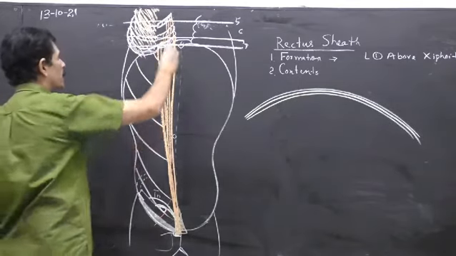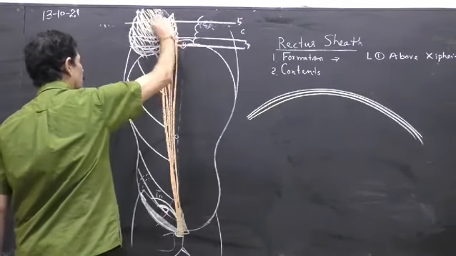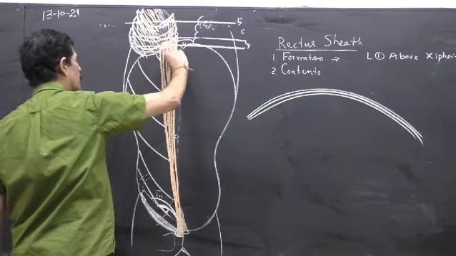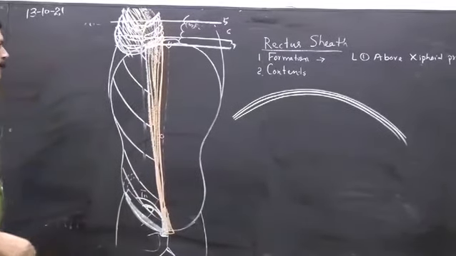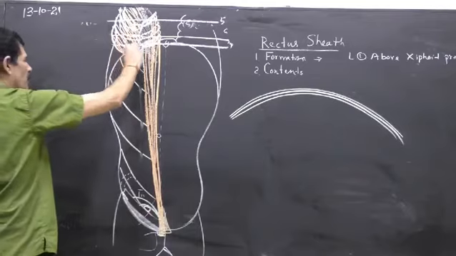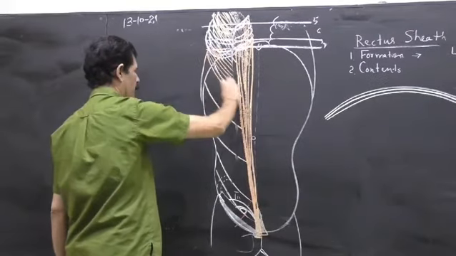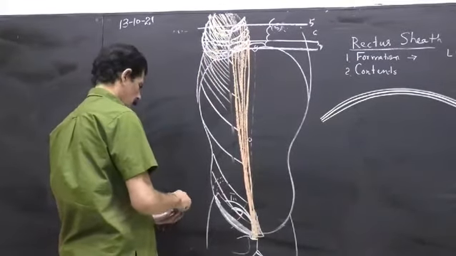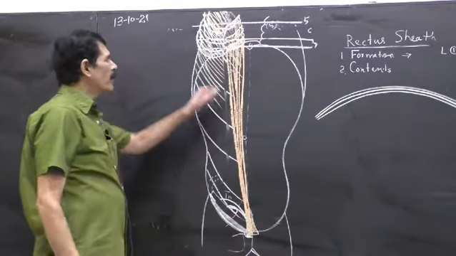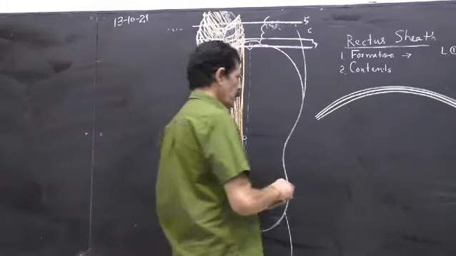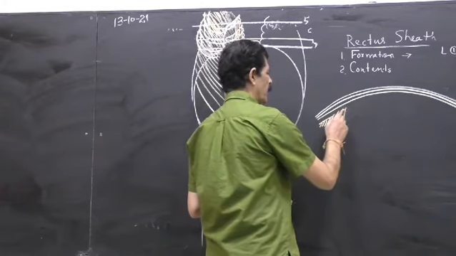And beyond this, the aponeurosis covers. So when you cut here you can see the external oblique muscle, aponeurosis, the brown muscle fibers.